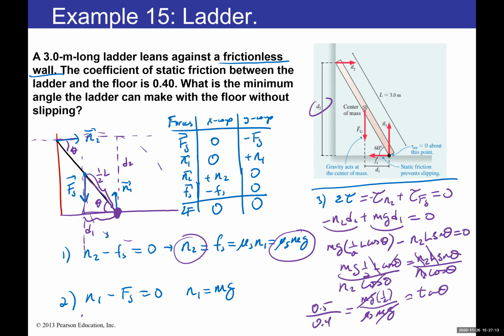That means tangent of theta is 0.5 over 0.4, which is 1.25. So for theta we get 51 degrees. This is the minimum angle the ladder can have in order to not start slipping, so theta minimum is 51 degrees.